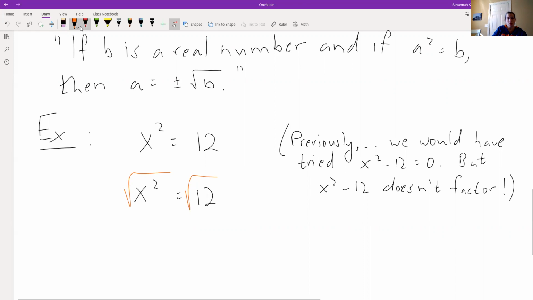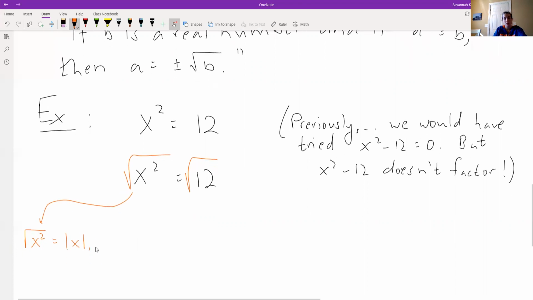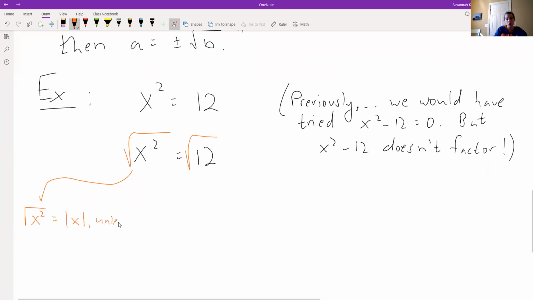Okay, you might remember, this is the obnoxious part, the square root of x squared has that little obnoxious thing where even though it feels like the square root should just cancel out the square and release the x, technically it does this, unless they have been so kind to tell us that x is positive or that x is 0.